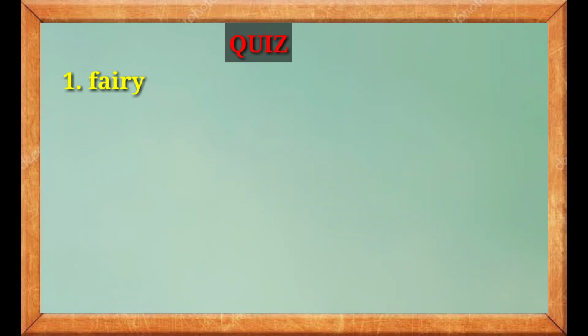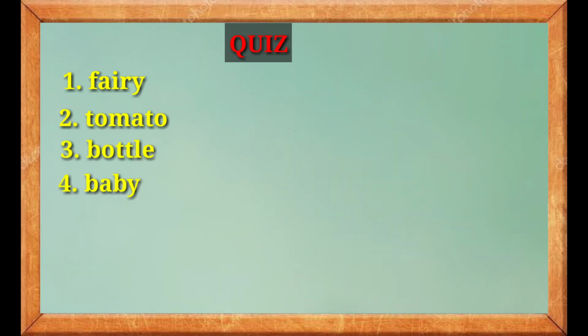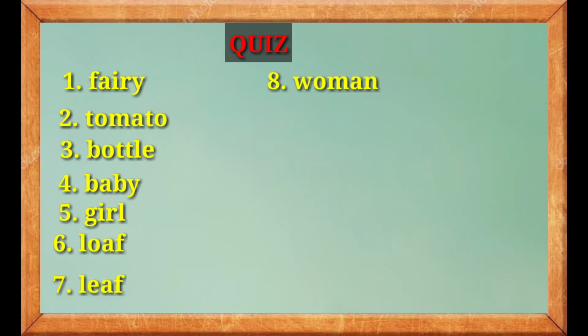Number 2, tomato. 3, bottle. 4, baby. 5, girl. 6, loaf. 7, leaf. 8, woman. 9, fox. 10, brush. You may now start answering. I'll be just giving you 10 minutes to answer that one. Your time starts now.